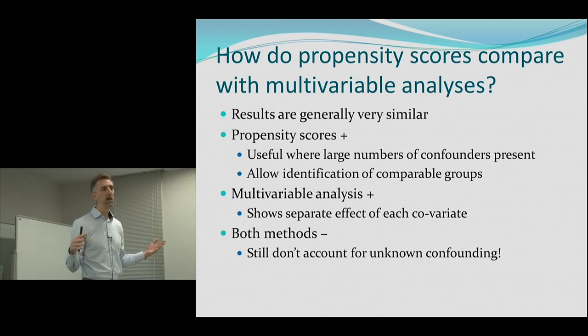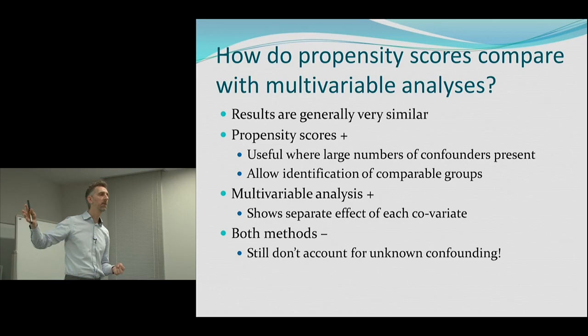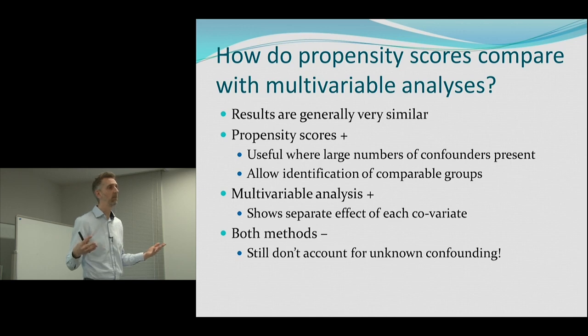I think that they have some advantages and some disadvantages, and that we need to be aware that they are only as good as the data that we've got access to and that we can measure. So there will still be factors that are different between patients potentially, but that we couldn't account for, and they won't help with that.